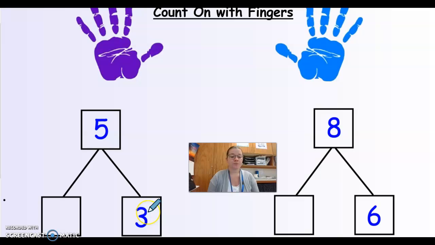You're going to hold that 3 in your mind. I also say grab it in your hand. And you need to get up to 5. So you have 3, 4, 5. How many fingers do we have up? 2. Very good. Okay, let's try another one.